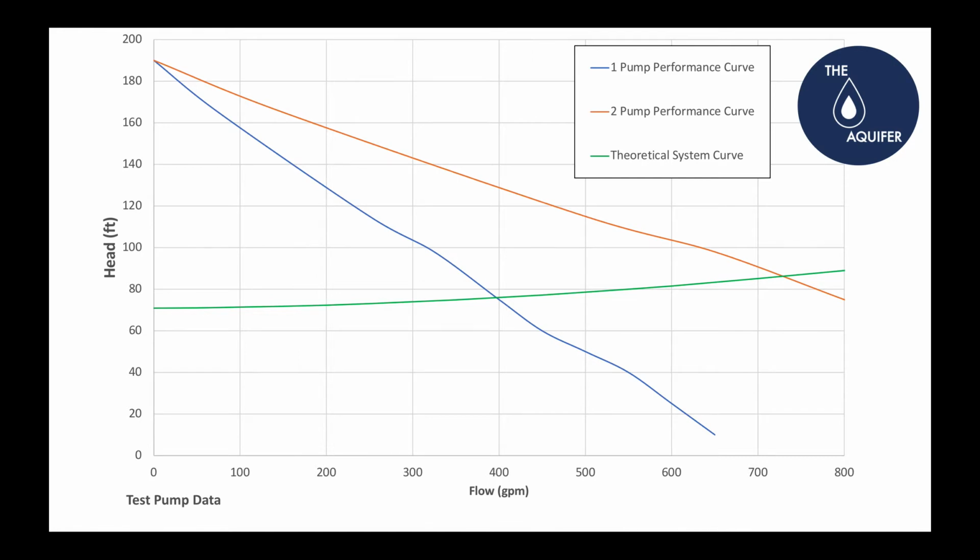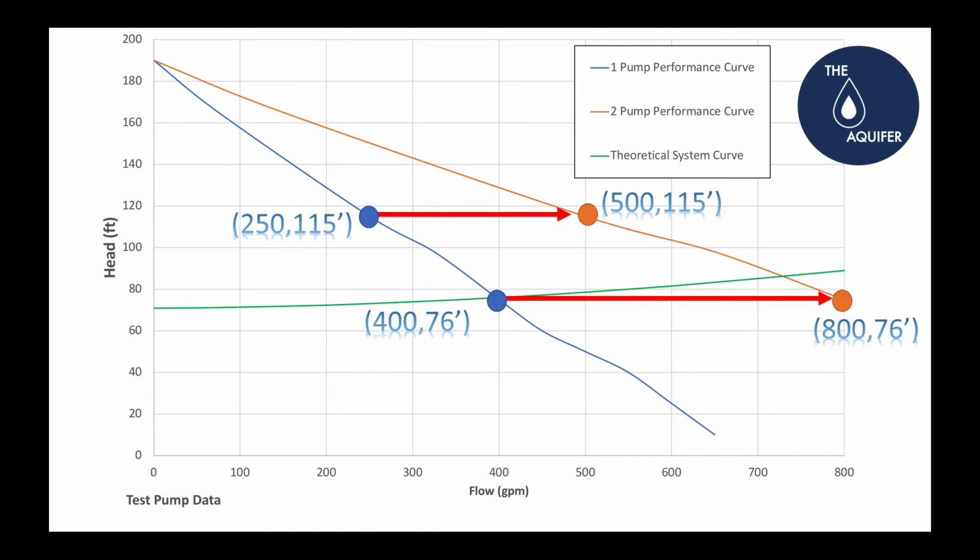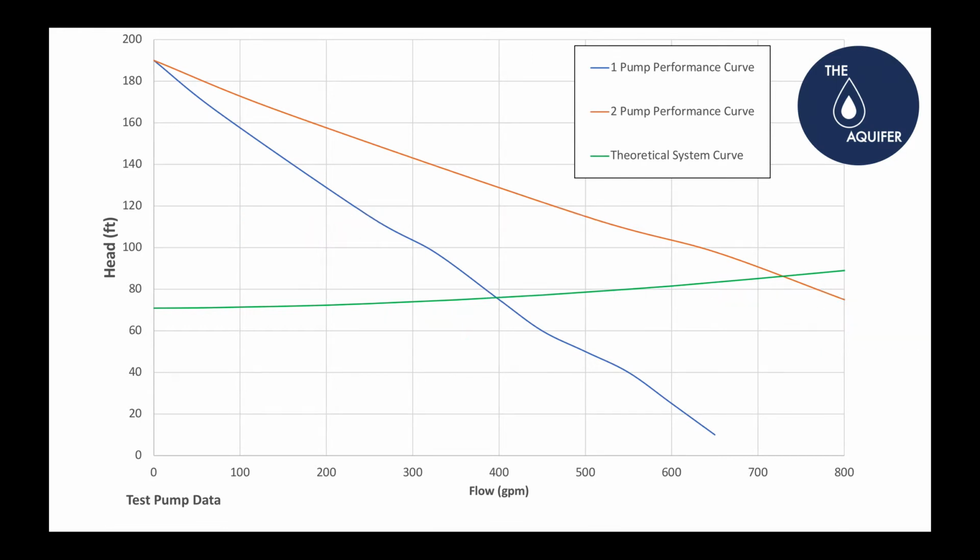You're going to say, well, how do I get a two pump performance curve when I only have one pump? It's very simple. These pumps are operating in parallel, so you just double the flow for each head to generate the orange curve. 250 becomes 500, 400 becomes 800, and there you go. You've got the shape of your two pump performance curve for a parallel situation.